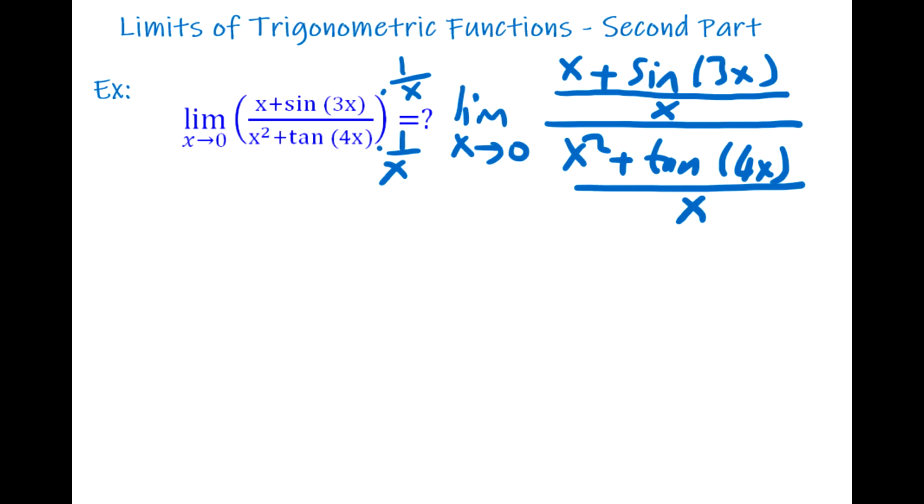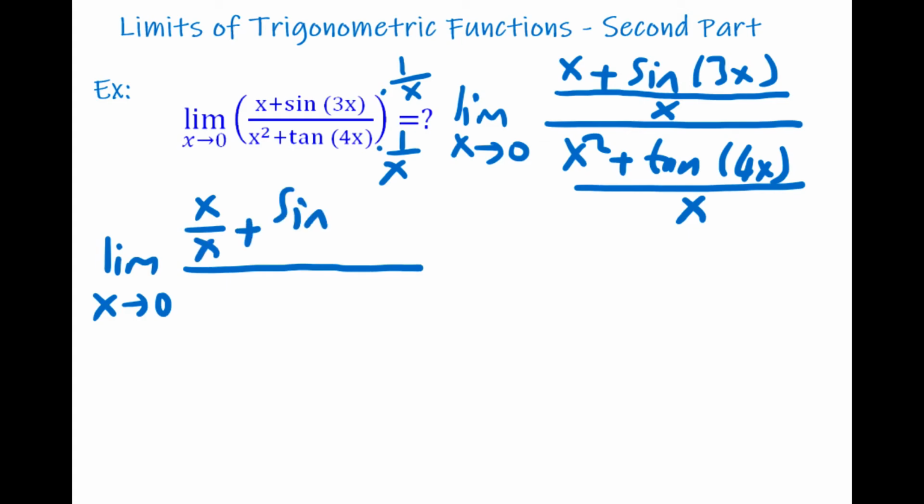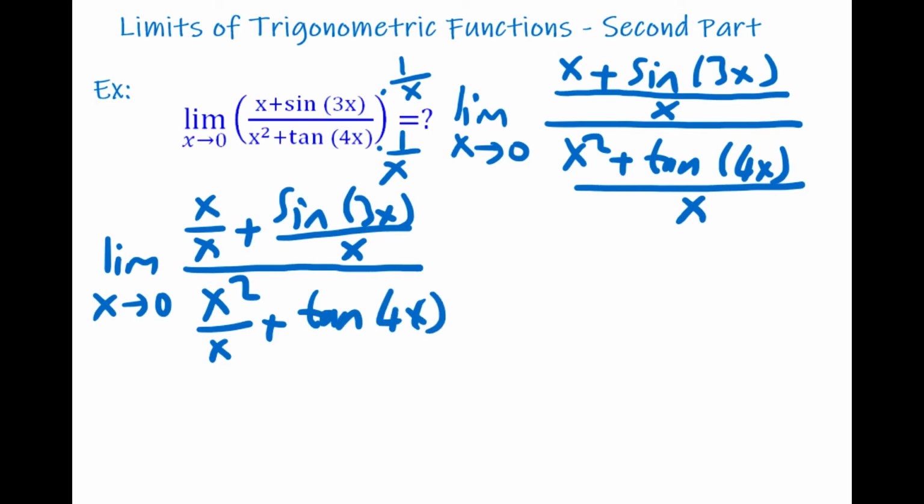And in the next step, limit when x goes to 0, I'm going to separate them, okay, one by one. What I mean is I'm going to have x divided by x plus sine of 3x divided by x squared divided by x plus tangent 4x divided by x, guys.